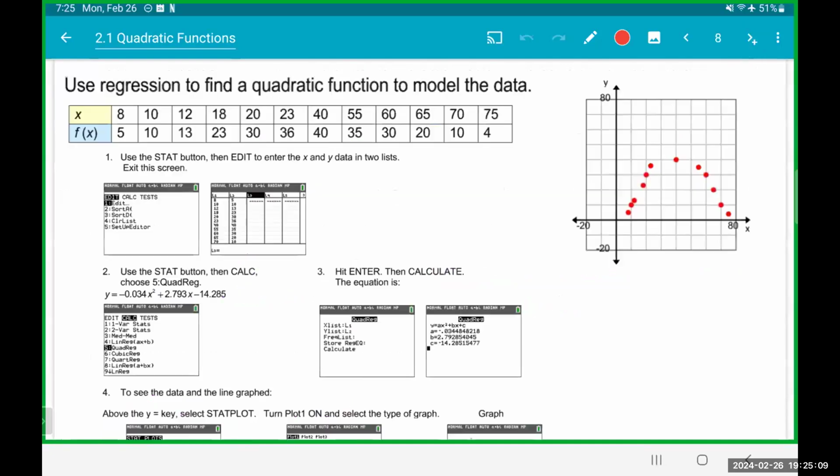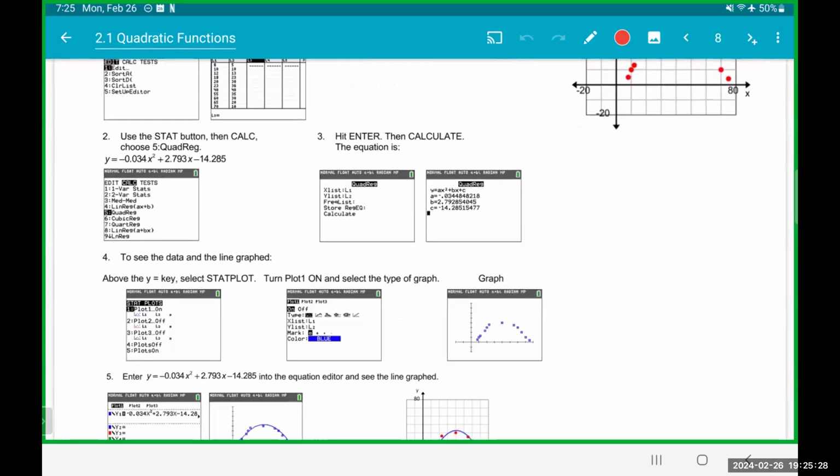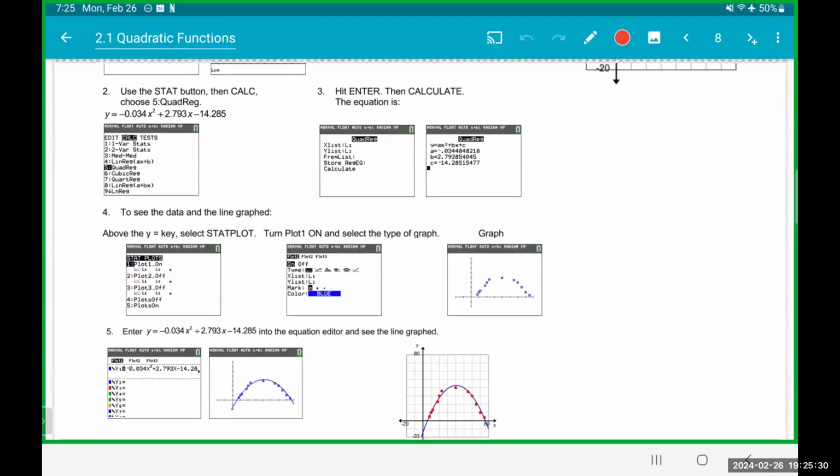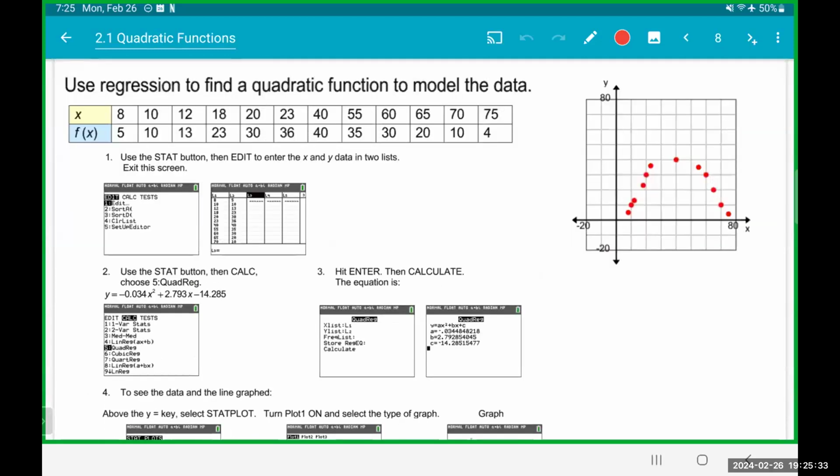All right, so the last thing from this section is being able to do this in your calculator. Obviously, you will not have a question that requires you to do this on the exam, but you will need to be able to do it for some of the homework. It's in your textbook, but everybody has a different calculator, right?